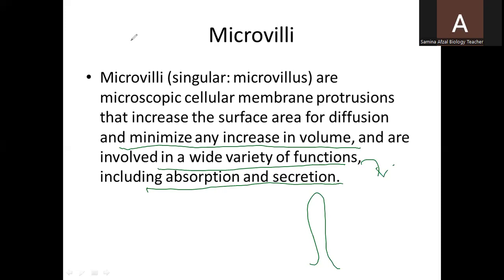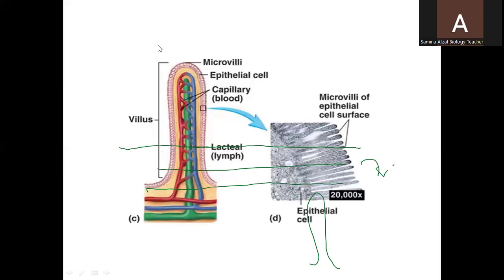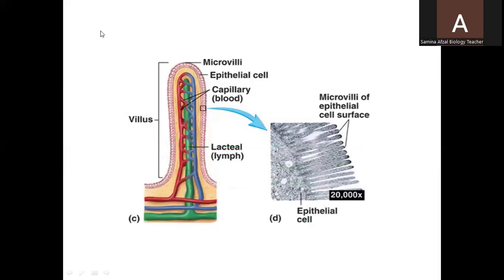You can see its internal structure. Microvilli have an epithelial outer membrane. Inside this membrane, you can see the finger-like projection, and in the finger-like projection, you can see the capillary blood vessels. So a blood vessel is there, and the lacteal lymph will also be there.